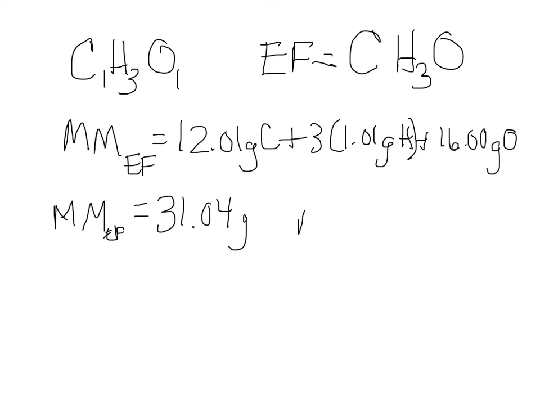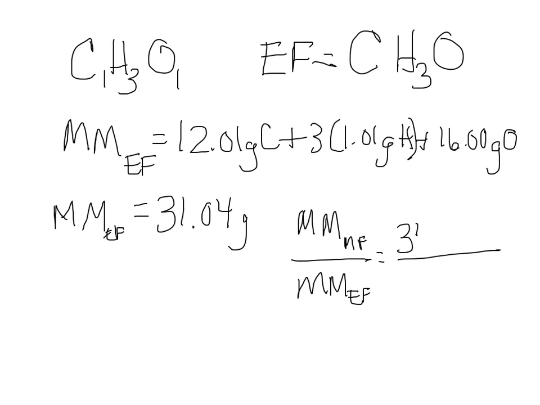Now that I know the molar mass of the empirical, I can compare it with the molar mass of the molecular. So I take the molar mass of the molecular formula, divide it by the molar mass of the empirical formula, plug in my numbers, and I have 62 grams for my molecular formula, while I have 31.04 grams for my empirical, and that's going to give me 2.